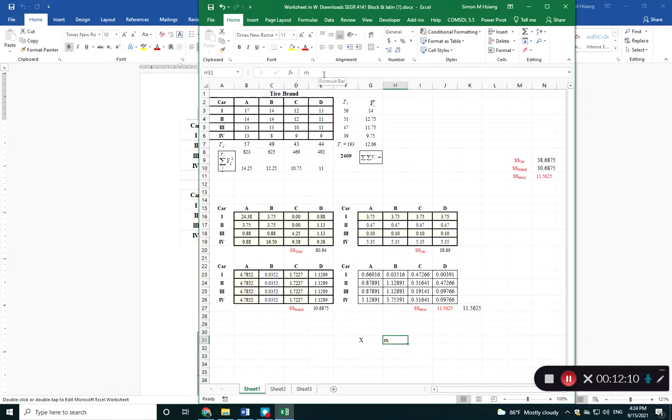And then can I have the influence because of different car? So I can have the car influence. Okay? And I can have the brand influence.